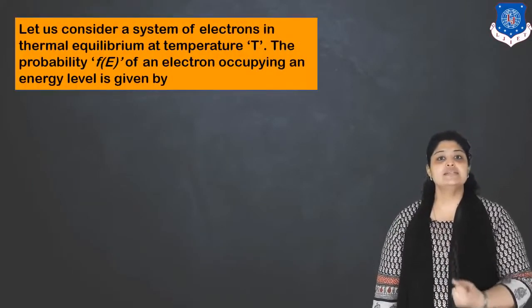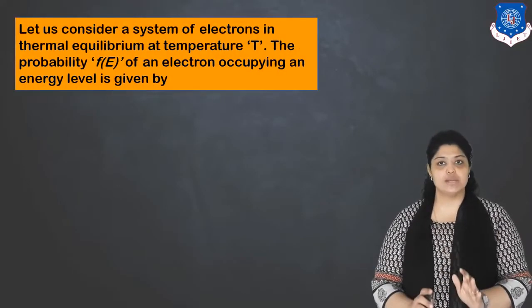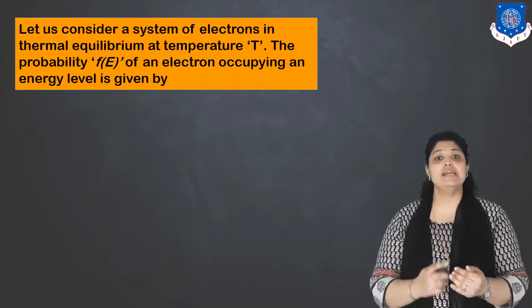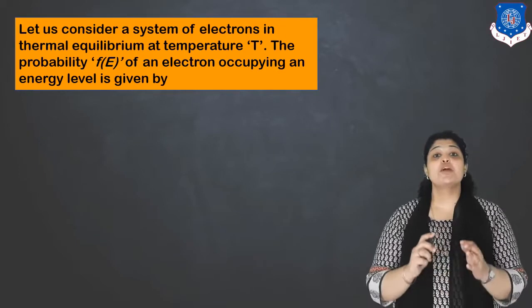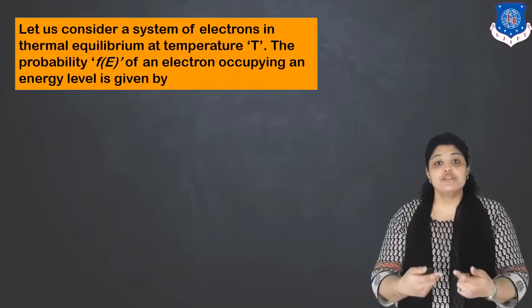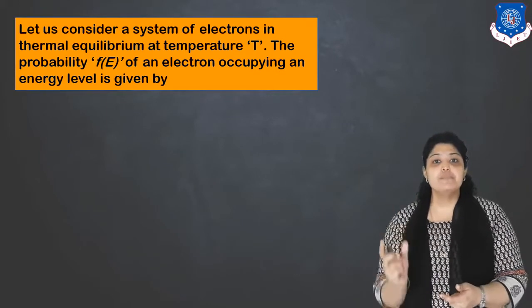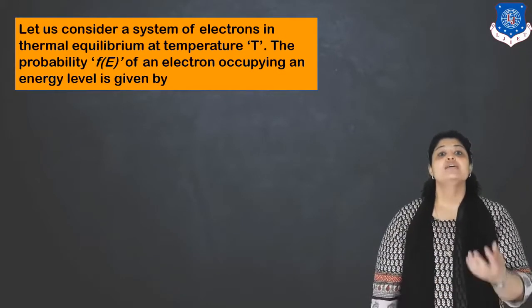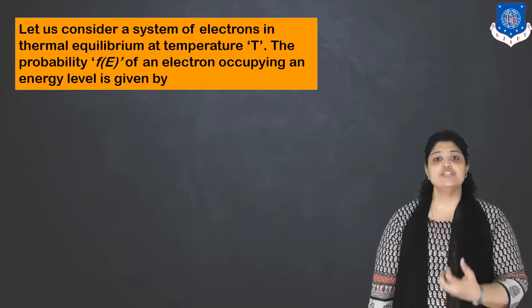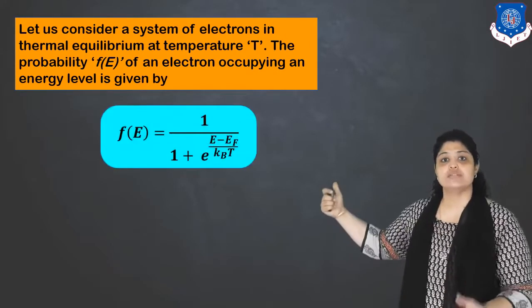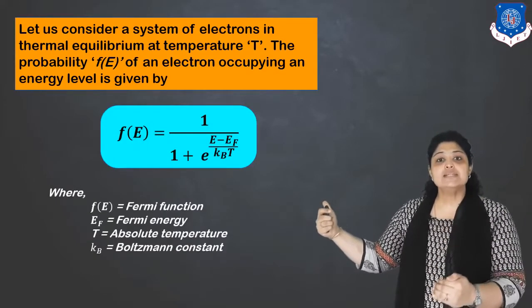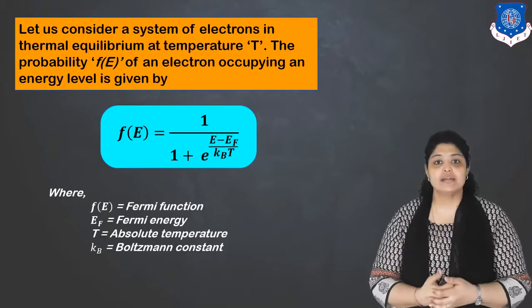So let us consider a system of electrons in thermal equilibrium having a temperature T. We define the probability as f of E because it is a function of energy, because it is going to give us the probability of occupancy of an energy level. So the probability of an electron occupying an energy level is given by this equation. f of E is equal to 1 upon 1 plus e raised to (E minus EF) upon kBT.